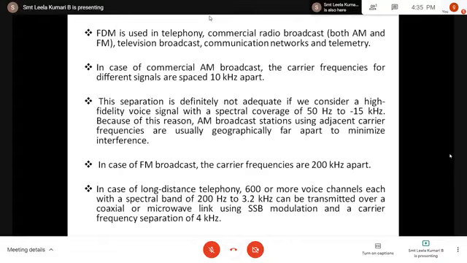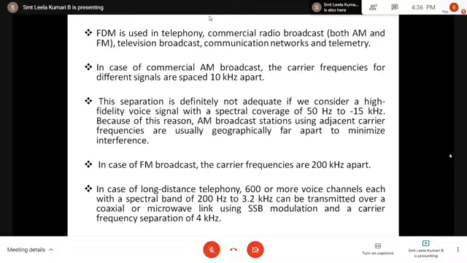For this reason, AM broadcast stations using adjacent carrier frequencies are usually far apart to minimize interference. In the case of FM broadcast, the carrier frequencies are 200 kHz apart, whereas in long distance telephony, the carrier frequencies are 4 kHz apart.